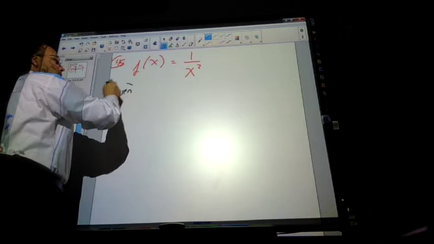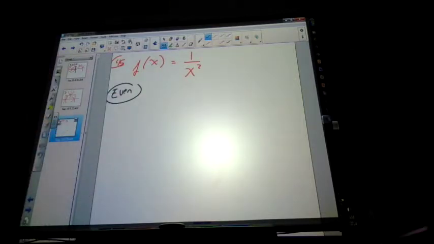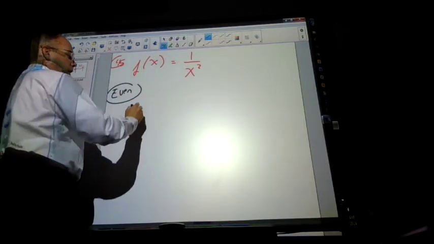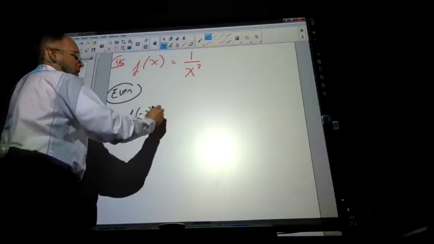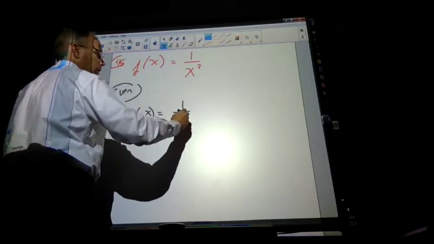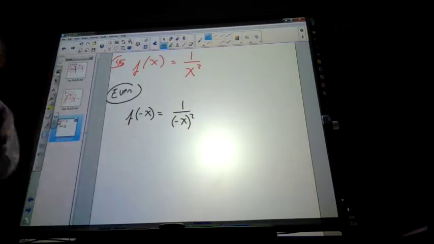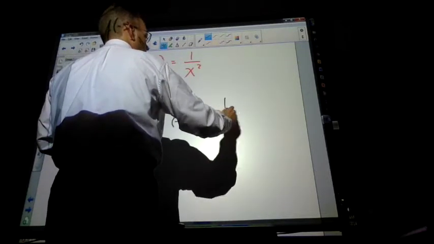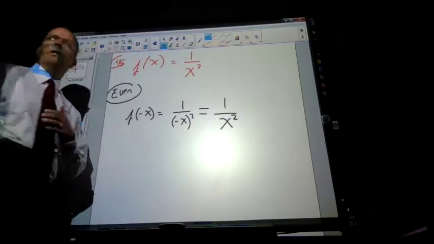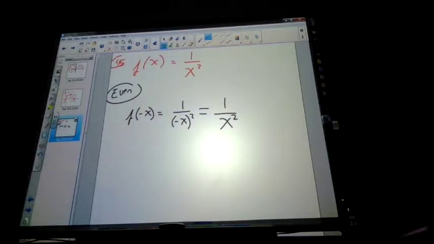What was the test for an even function? Plug in negative x. So basically you're going to plug in negative x. So I get that. Negative x as a quantity squared equals what? X squared. Is it even? Do I have to prove it's not odd? No, we're done. It's even. Okay?